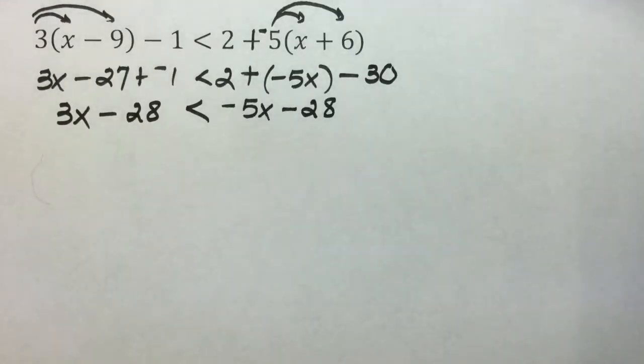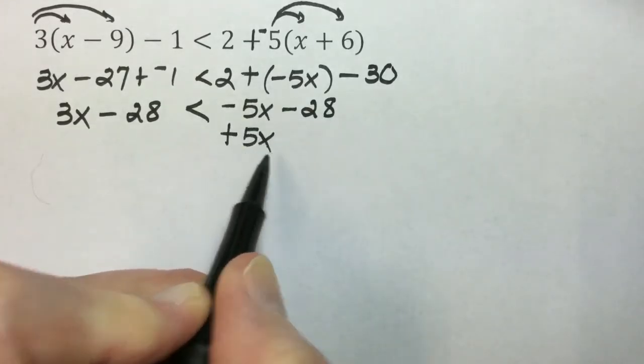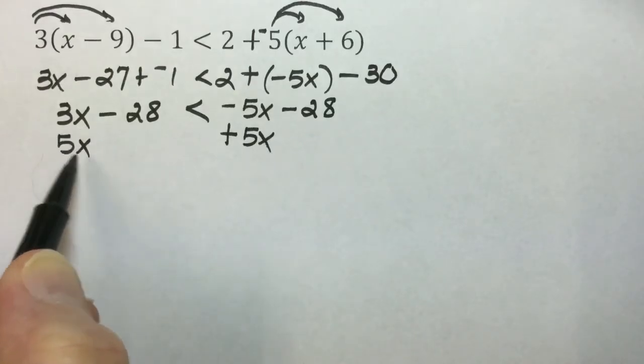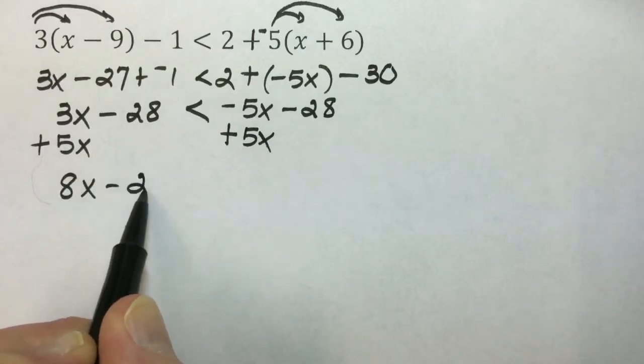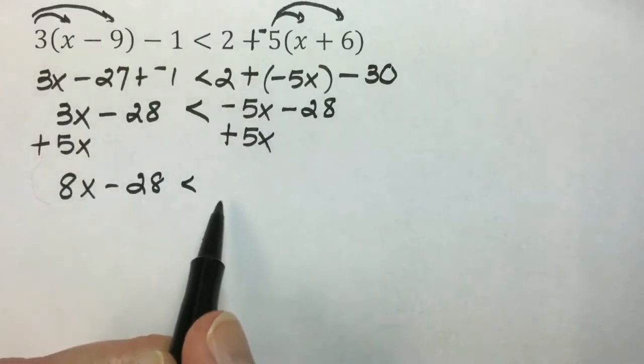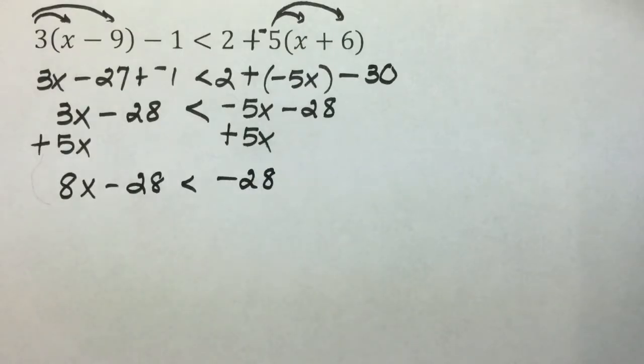We have variables on both sides. Our next step is to get the variable on one side. One option would be to add 5x to both sides, leaving us with an 8x minus 28. The 5x is canceling out, and just the negative 28 on the right.